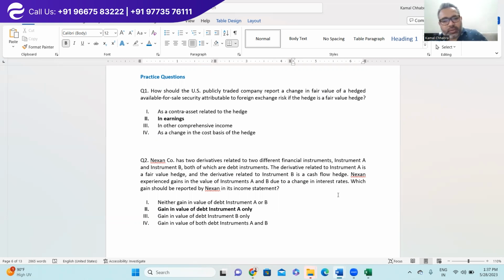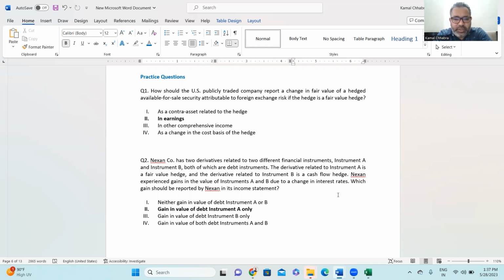Right, absolutely right. Next one: Nexon company has 2 derivatives related to 2 different financial instruments, instrument A and instrument B, both of which are debt instruments. So they have 2 debt instruments, instrument A and instrument B. The derivative related to instrument A is a fair value hedge, and the derivative related to instrument B is a cash flow hedge.